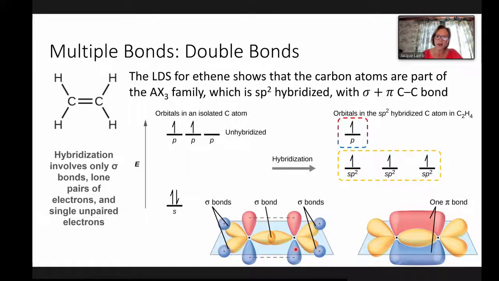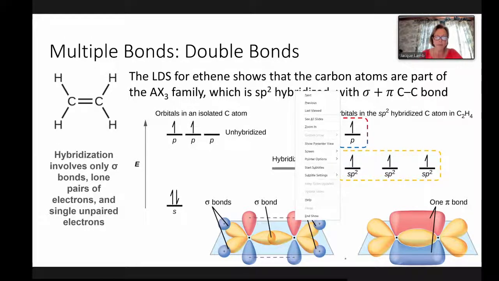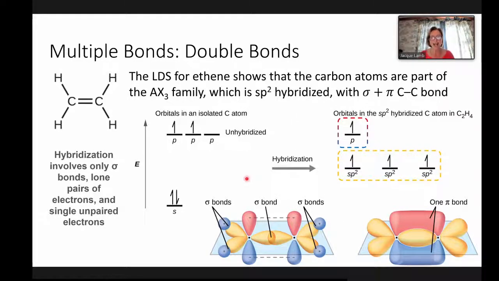But what we have here is 1 leftover electron in an unhybridized p orbital. That electron is right here in this bilobe structure. Remember that this bilobe structure is 1 p orbital that is unhybridized, and each of these carbons has 1 electron in it. The second bond is formed by the side-to-side overlap between those 2 unhybridized p orbitals.